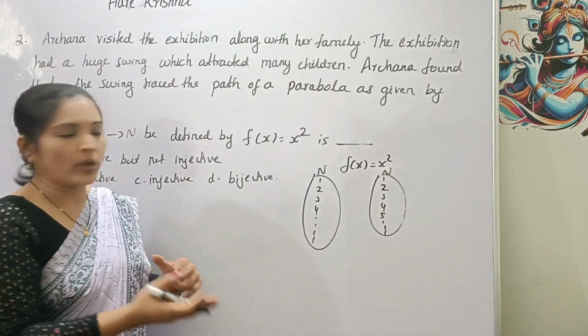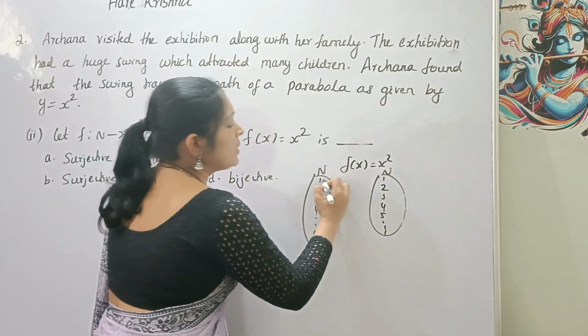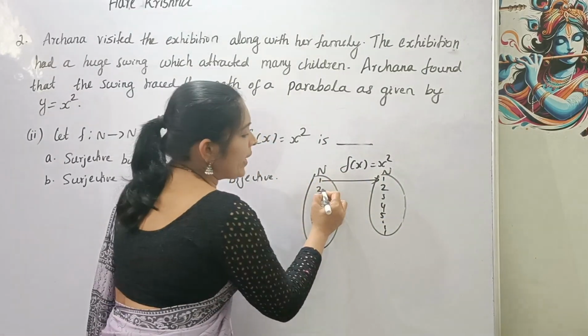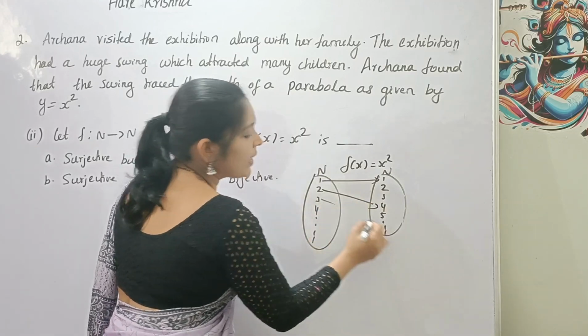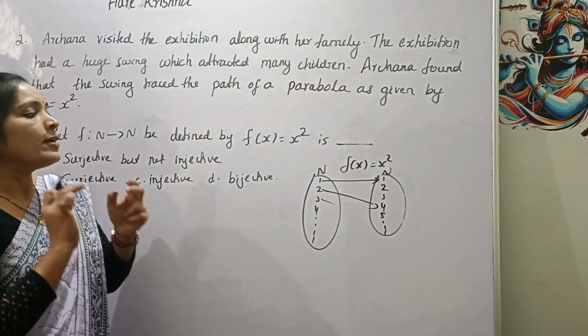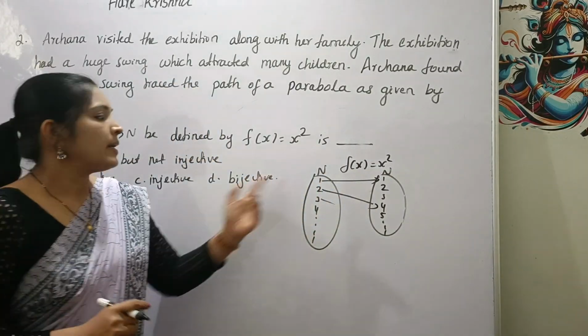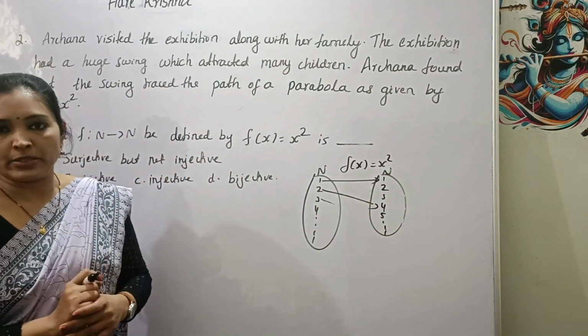F of x equals x square. Then what is the image of 1? F of 1 is 1 square, that is 1. 2 square, 4. 3 square, 9, etc. Here, this 1 has only one pre-image and 4 has only one pre-image.